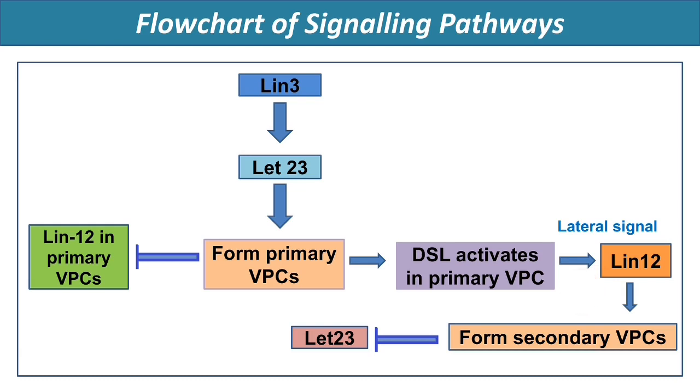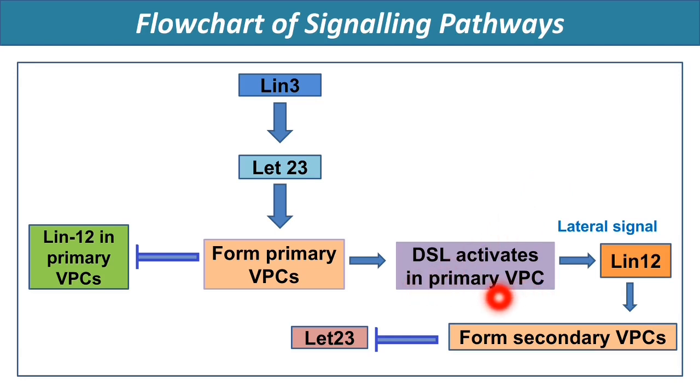Another function of the secondary VPC is that it inhibits LET-23 on itself. As we know, LET-23 acts as a receptor for Lin-3 protein.